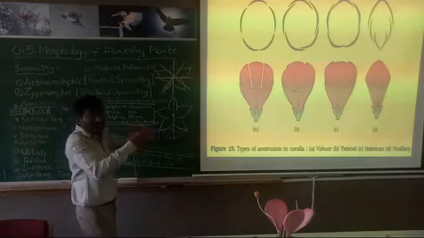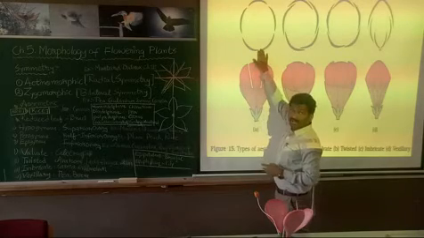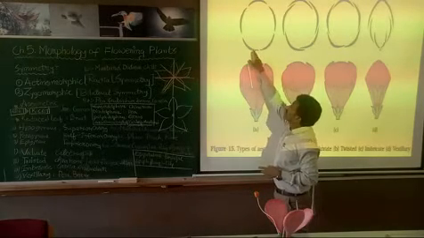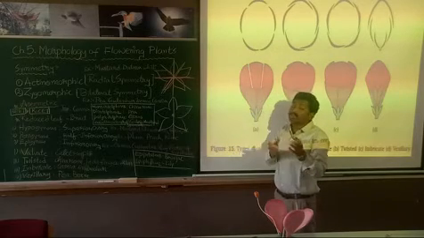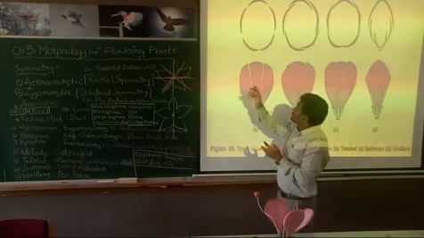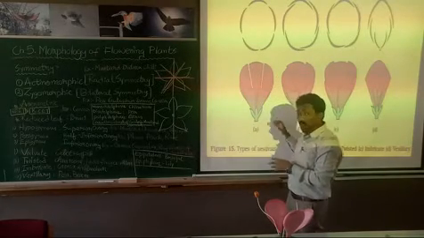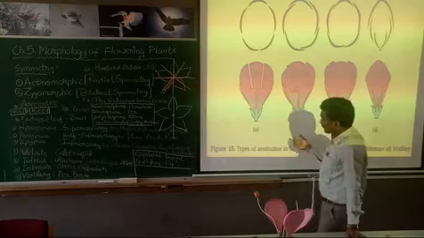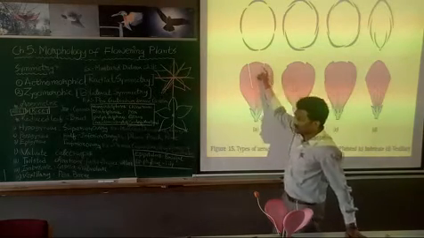They are present just side by side. You can see in this diagram, five sepals or petals are present. They are present side by side without overlapping or touching one another. That kind of estivation is called valvate estivation.